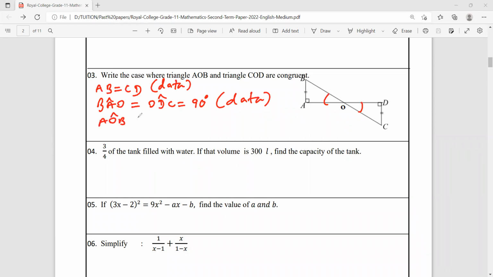Angle AOB is equal to angle COD, vertically opposite angles. So you can write the whole form.